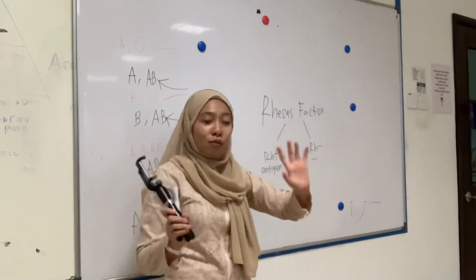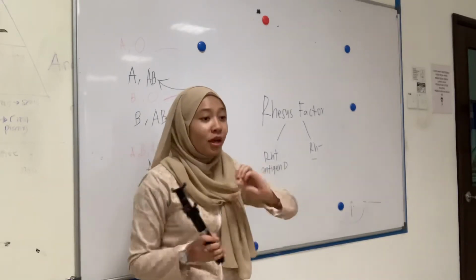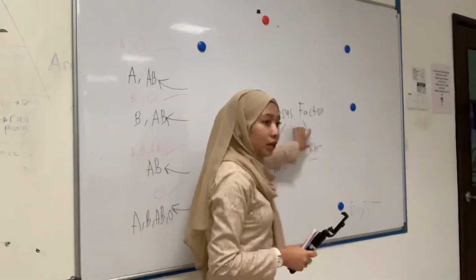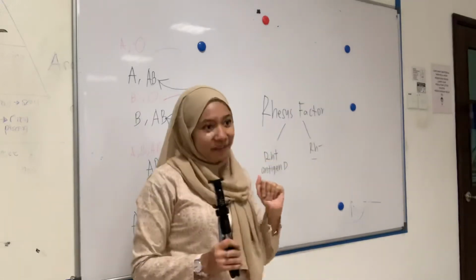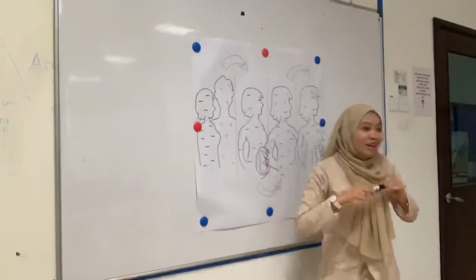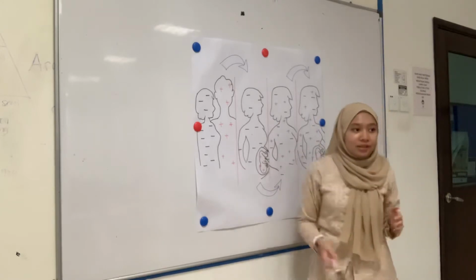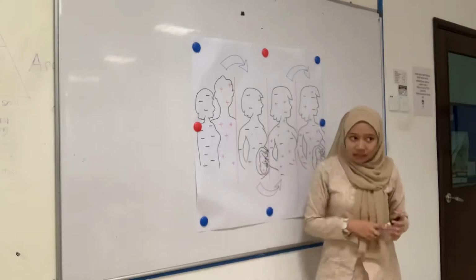So far, does everyone understand? Yes, teacher. Alright, so we are going to proceed with the relation of rhesus factor and the pregnant mother. Okay, students, now the next lesson is the relation between rhesus factor and the pregnant mother.